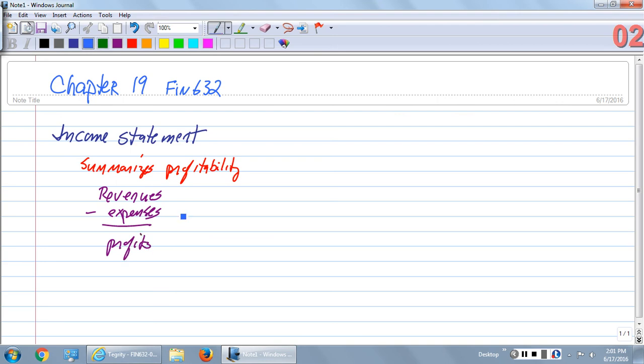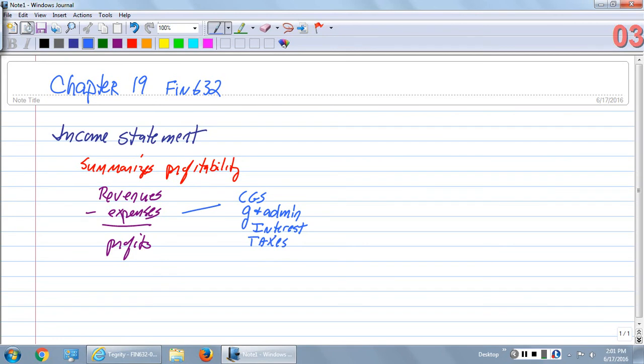And then we see that our expenses can be cost of goods sold, our general and administrative expenses, potentially interest expenses if the firm has debt, and finally taxes. So these are the 4 general categories of our expenses.